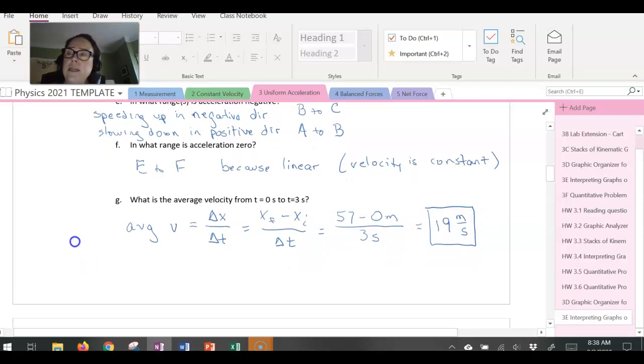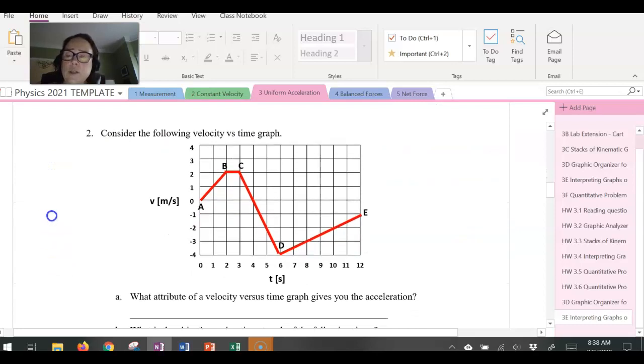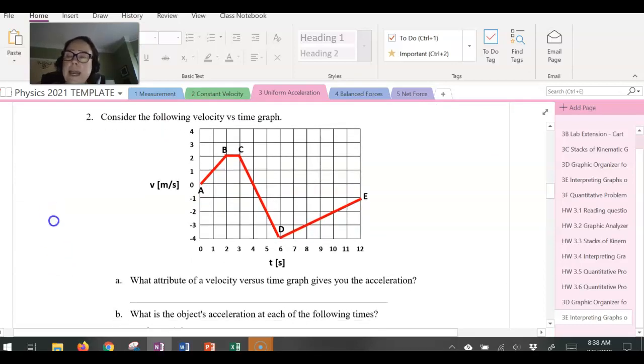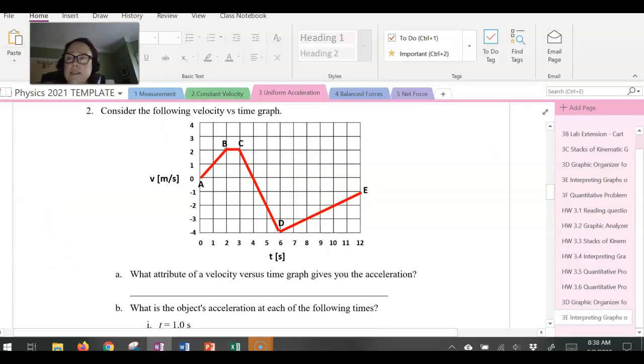Okay, let's look at the next question here, where now they're giving us a velocity versus time graph. And so I have to interpret this in a different way, right? If I look at this, I see the first value of velocity is 0. That doesn't mean it's starting at a position of 0. I don't know anything about the position of this object, but I know that it's starting from rest, because at time 0, the velocity is 0.